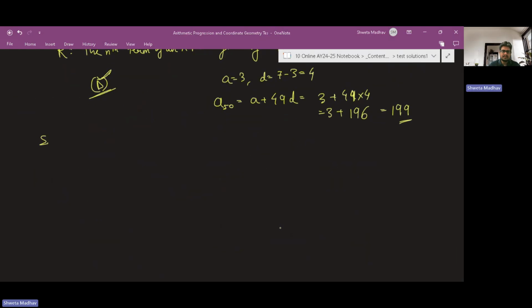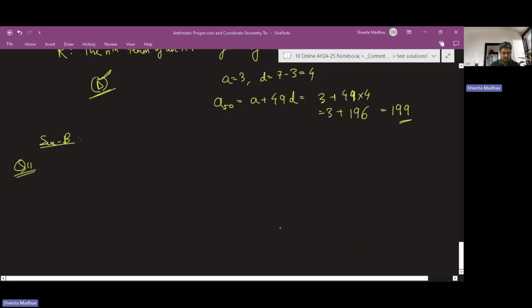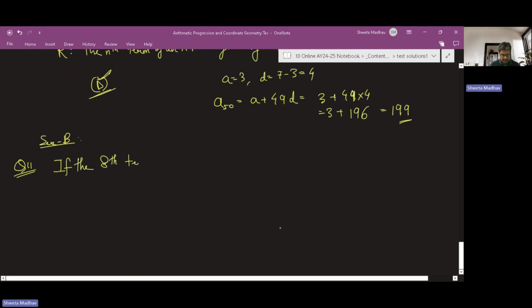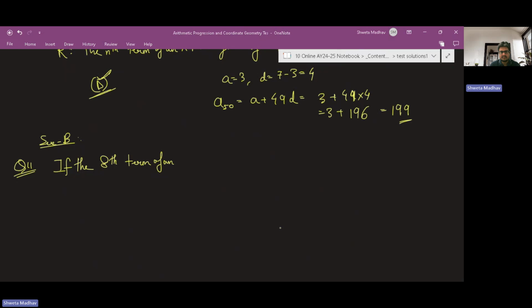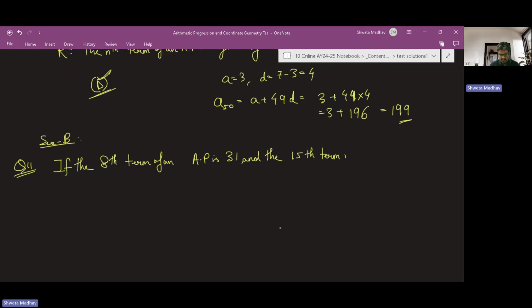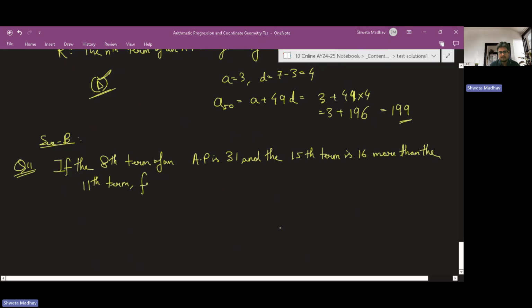Then in section D, in question number 11, it is told that the eighth term of an AP is 31, and the 15th term is 16 more than the 11th term. Find the AP.